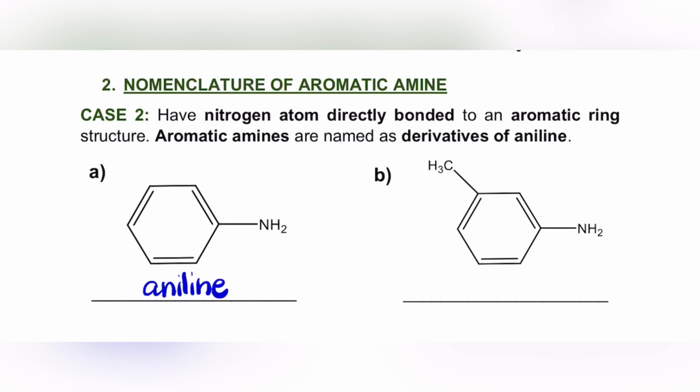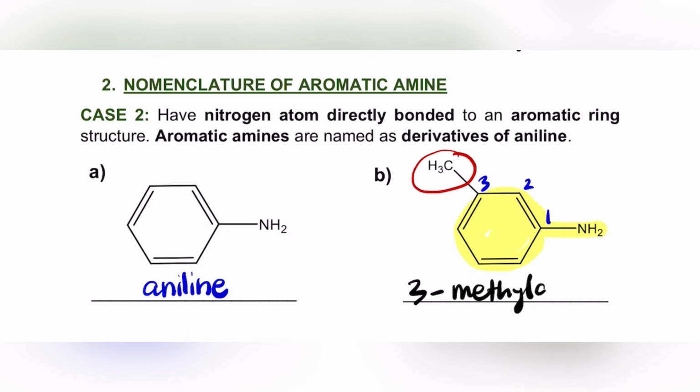And then next one, kalau saya ada this NH2 directly attached to benzene ring, masih lagi aniline, tapi saya ada satu substituent CH3 dekat carbon number 3 because this one carbon number 1, 2 and then 3. So the name of this structure will be 3-methylaniline. Very simple.